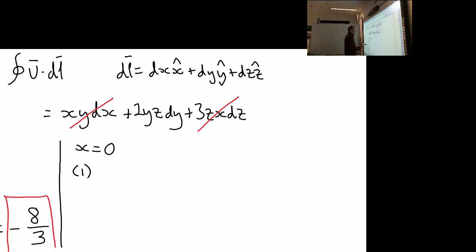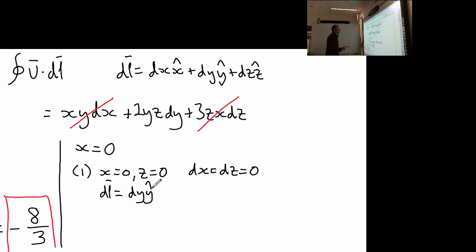Okay, so for the first path, x equals 0, z is equal to 0, dx equals dz, which is equal to 0. Okay, so dl is equal to dy y hat. Then we do v dot dl.